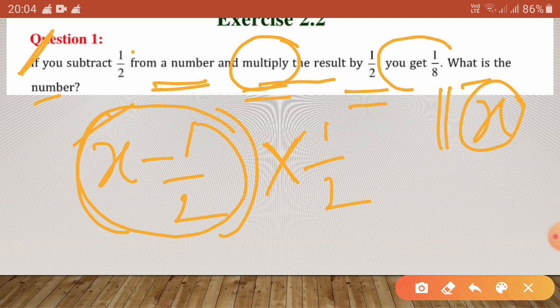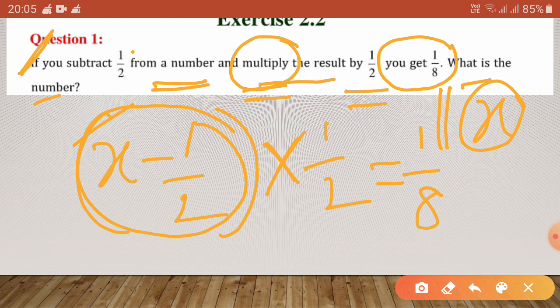Then the statement is, you get 1 by 8. So whenever the question has the words get, results, is, that means it gives you the equal sign. So get means equal sign, you put an equal sign for get. So whenever you have the word get, is, results, you put an equal sign, and then 1 by 8.